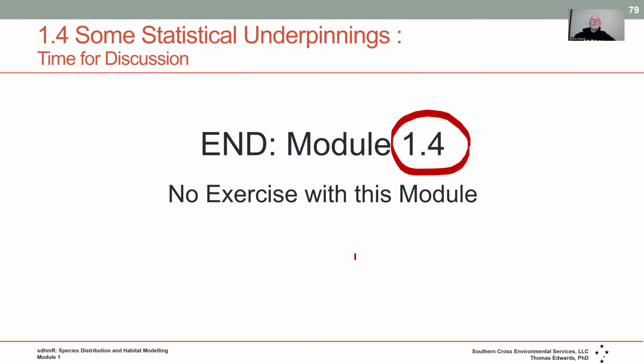With that, we're going to go ahead and end this module 1.4. Like I said, I don't want to dive too deep into this since we'll be spending a little bit more time on the underpinnings of each tool as we actually implement the tools to build your distribution models.